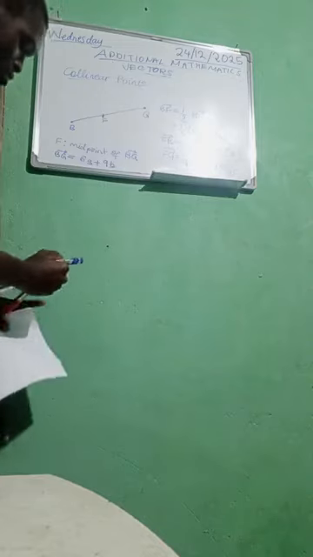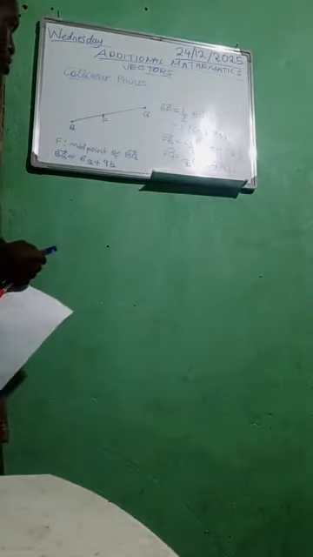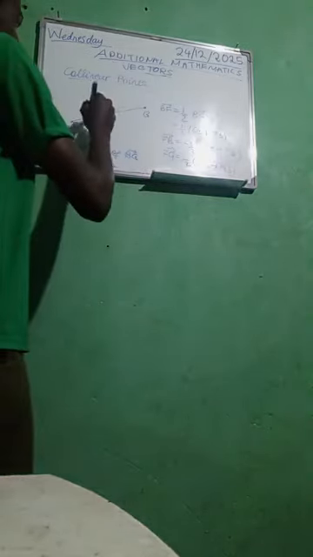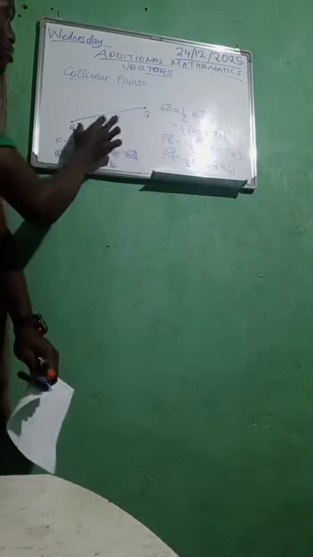Since we knew that F is half, it means that this part is equal to that part. It's divided into 2 parts.